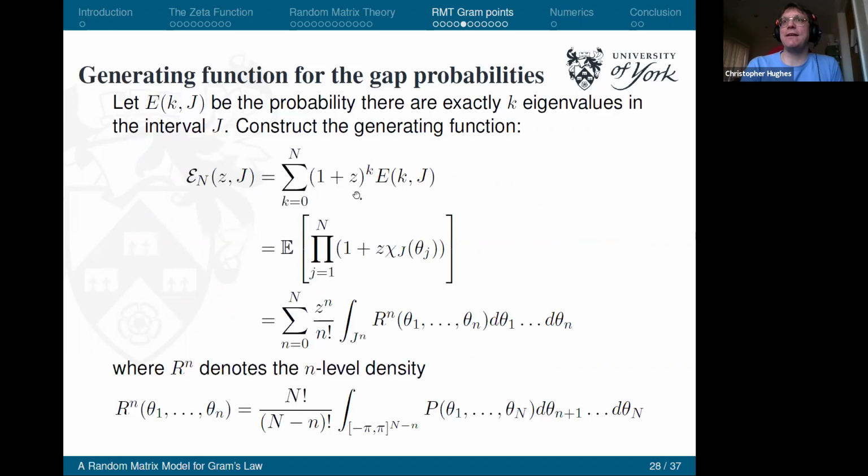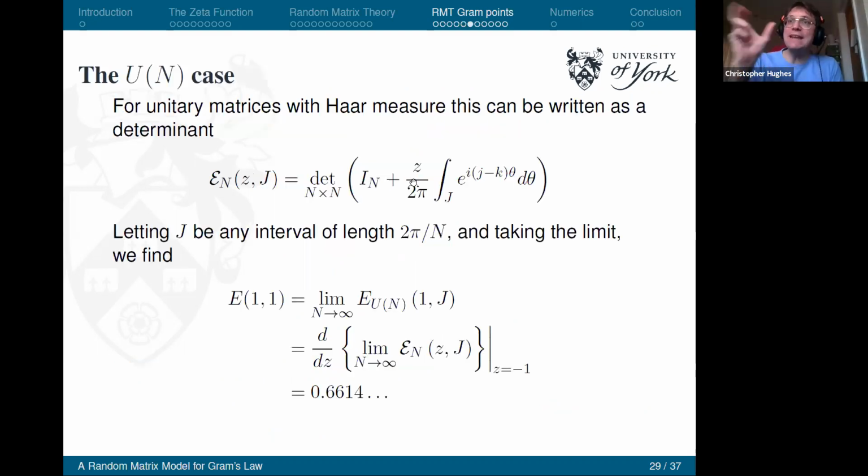If you differentiate this at z equals minus 1, that kills off all the higher terms and the derivative just leaves me E_{1,J}. Then you put J to be an interval of length 2 pi over n, which is a scaled interval of length 1. You work your way through the maths, do a bit of calculation, and you get the answer 0.6614, and so on.